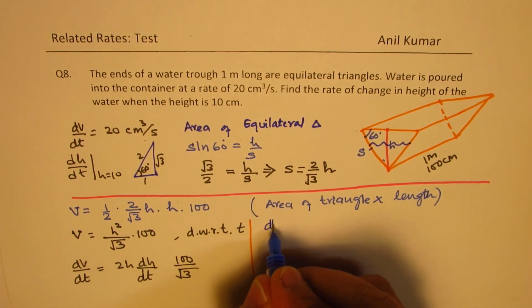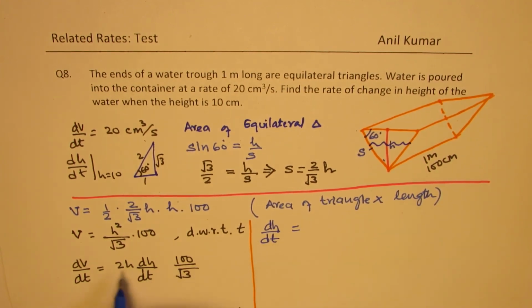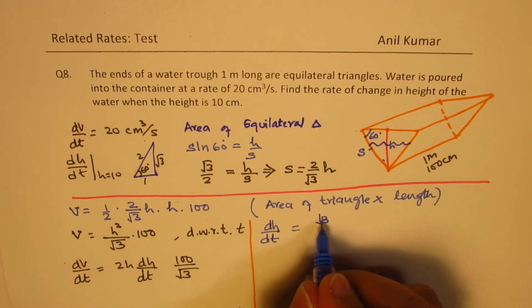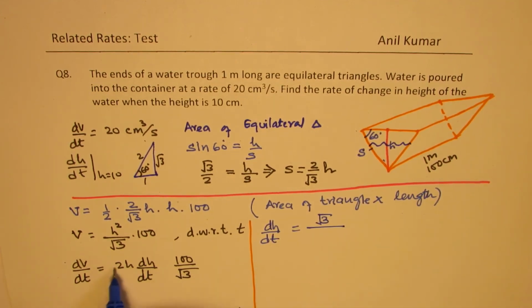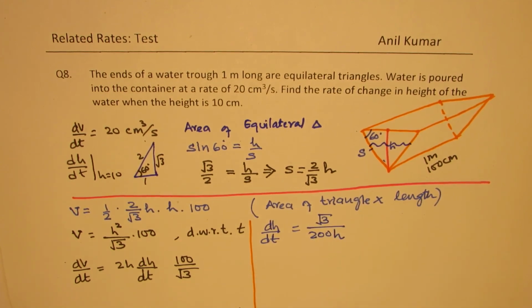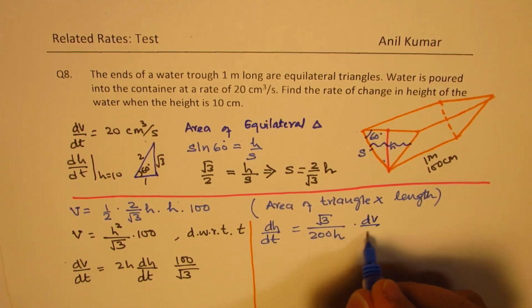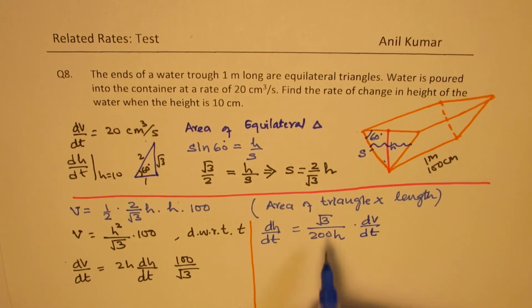So we have dh/dt, rate of change of height, is equal to, that square root 3 will come in the numerator, over 200h, correct? So times dV/dt. Right.